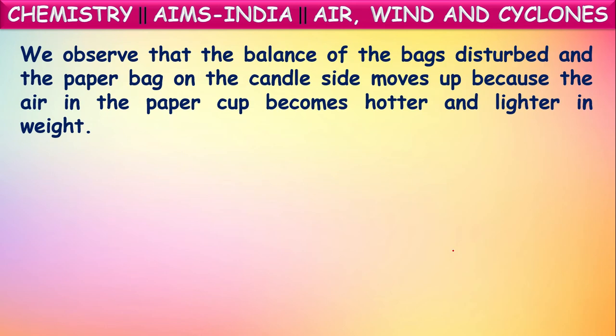So we observe that the balance of the bags is disturbed, and the paper bag on the candle side moves up because the air in the paper cup becomes hotter and lighter in weight, and hence it moves up, and the other side cup comes down. The hotter air is lighter in weight, and hence the cup moves up.